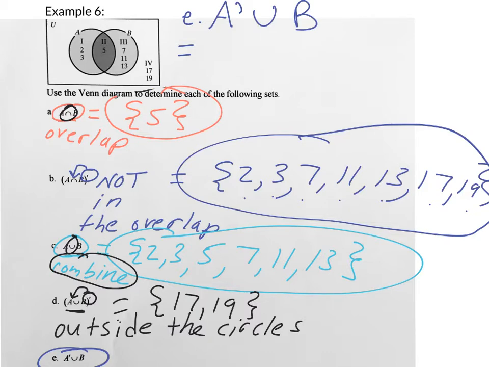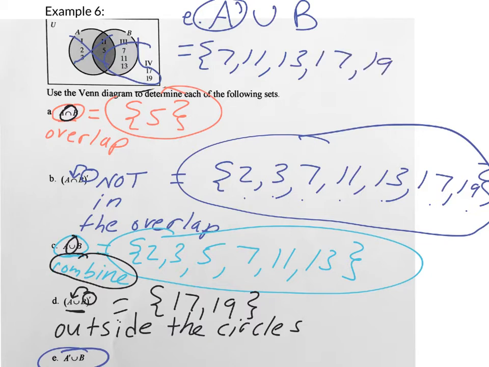First, I'm going to do the complement, because remember, you do a complement after parentheses. There aren't any parentheses here, so I'm going to do the complement. A complement means what's not in set A, but still in the universal set. So everything outside of circle A would be 7, 11, 13, 17, and 19.